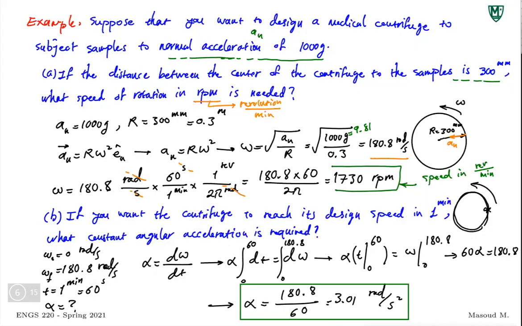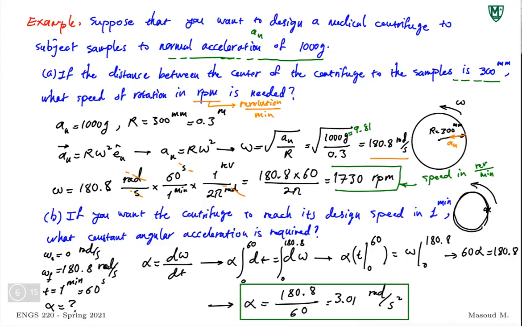You're asked to find the angular acceleration for that. Then knowing the angular acceleration, with a little more calculation down the road, you can pick the motor that makes sure your centrifuge reaches this speed in 1 minute.